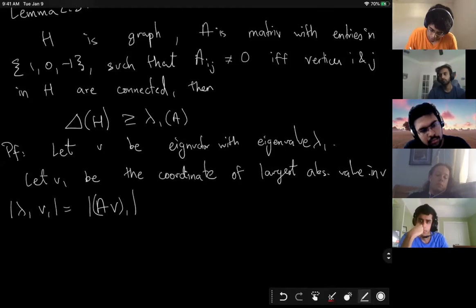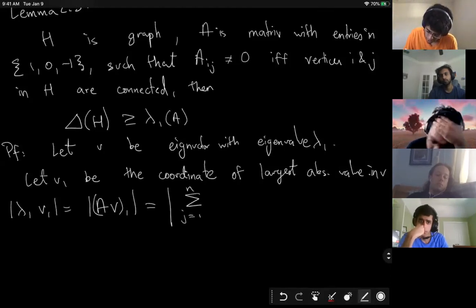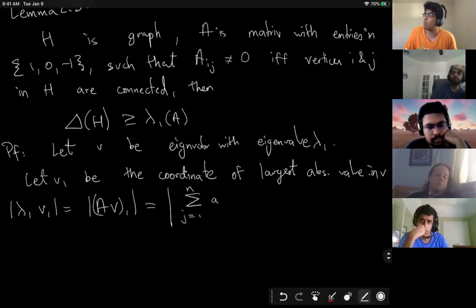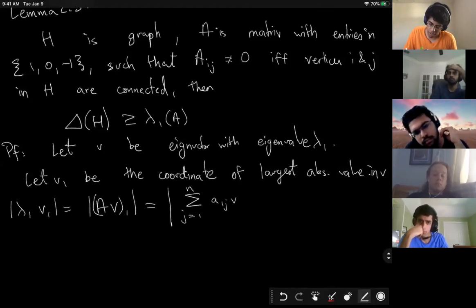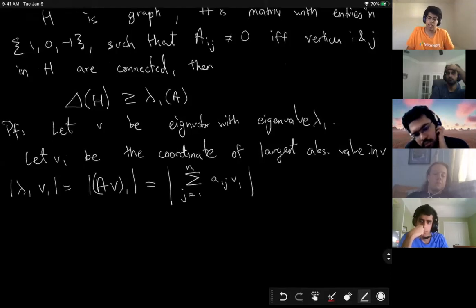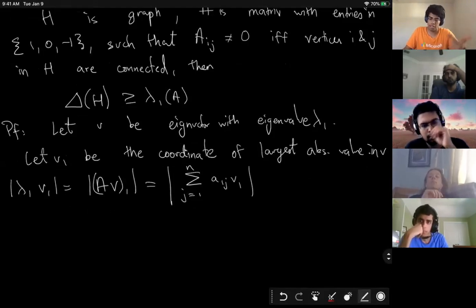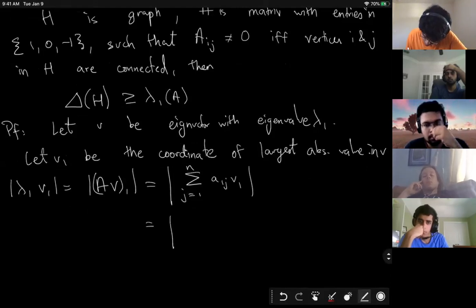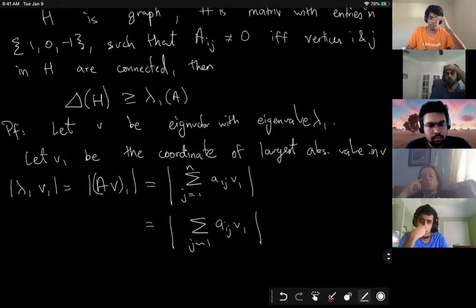This is equal to, by definition, the sum from j equals 1 to n of a_1j v_j. This is just the matrix multiplication written out. And since we know that a_1j is going to be 0 if 1 is not connected to j, we can rewrite this as a sum over j, where this notation just means j is a neighbor of 1.